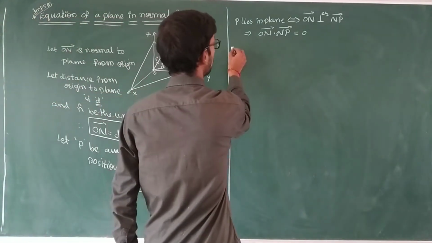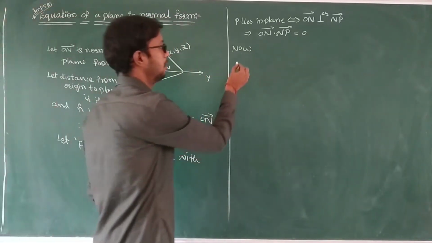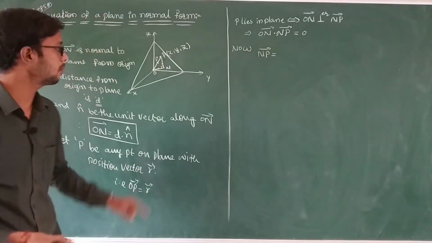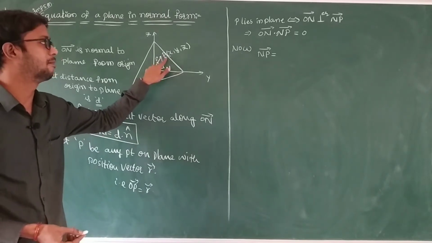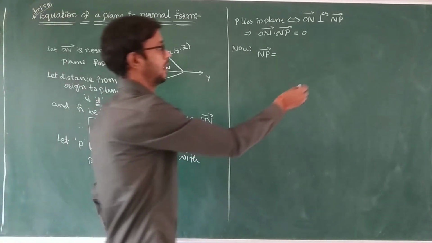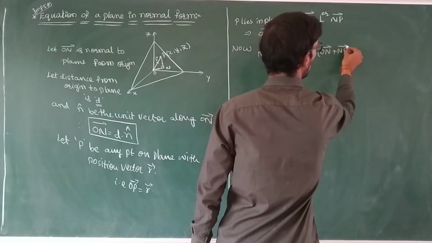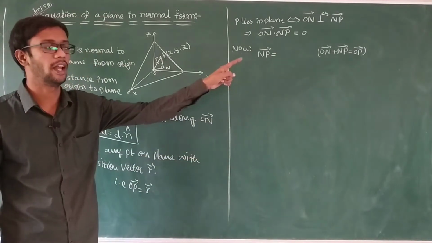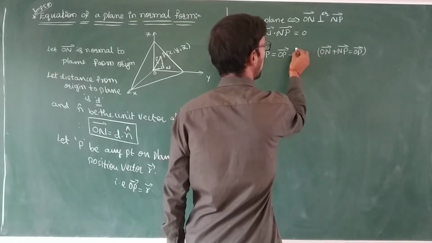Now, what is the NP bar here? We have to find NP bar. From the triangle of vector addition, ON bar plus NP bar equals OP bar. I need NP bar, so NP bar equals OP bar minus ON bar.